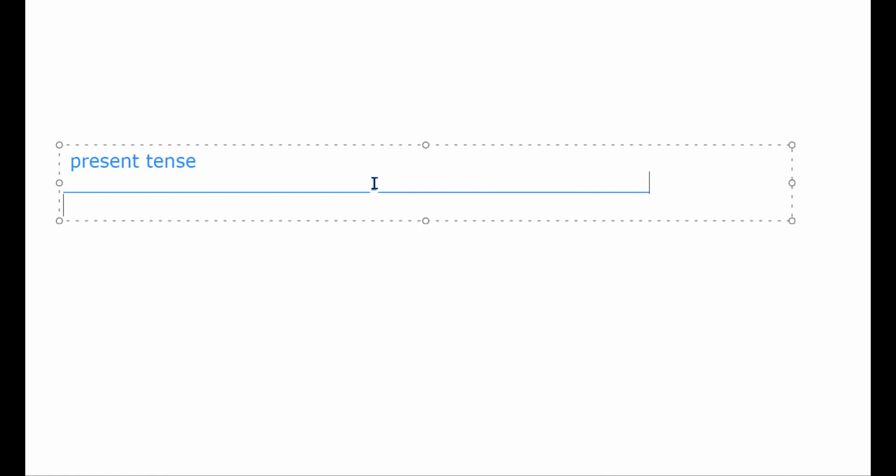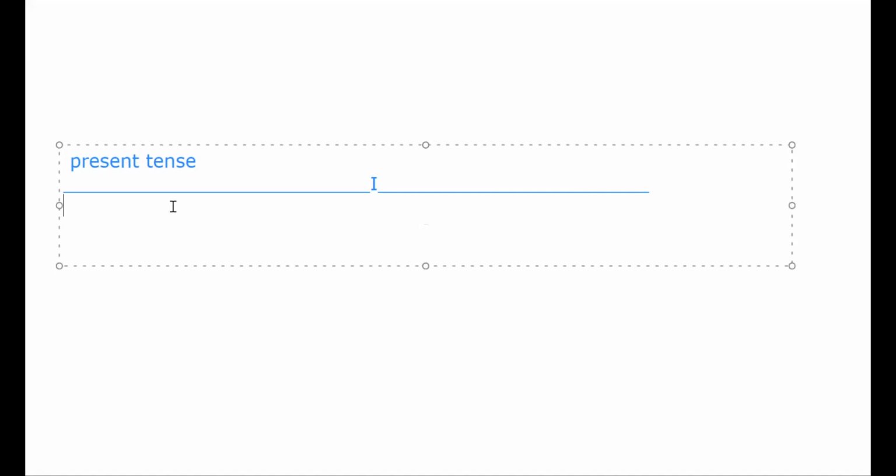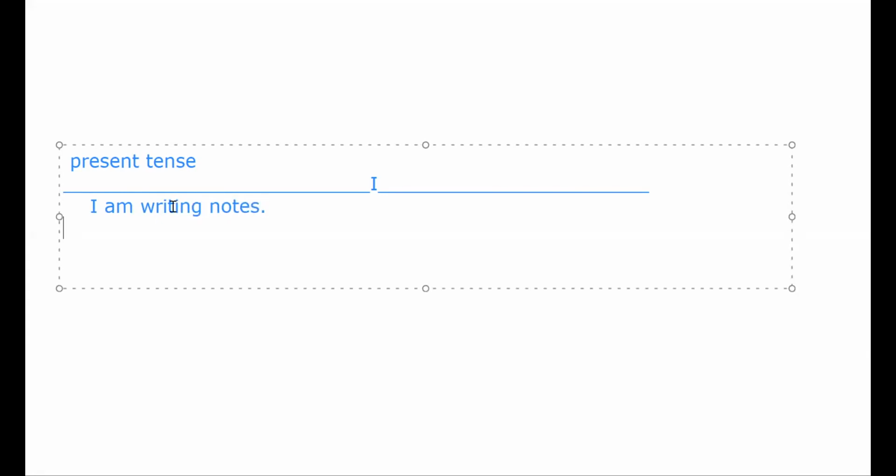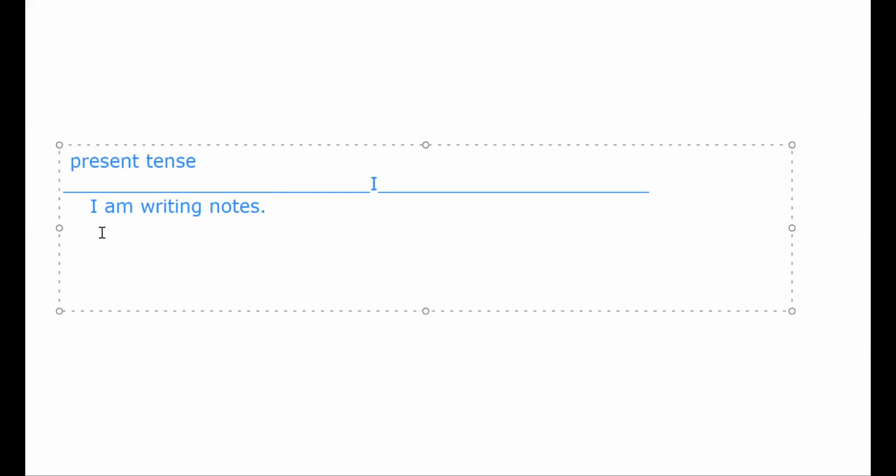So at this point, if some action is happening, I use continuous form. Look at this. I am writing notes. Means you can see that whatever action I mentioned, we all can see at this moment.